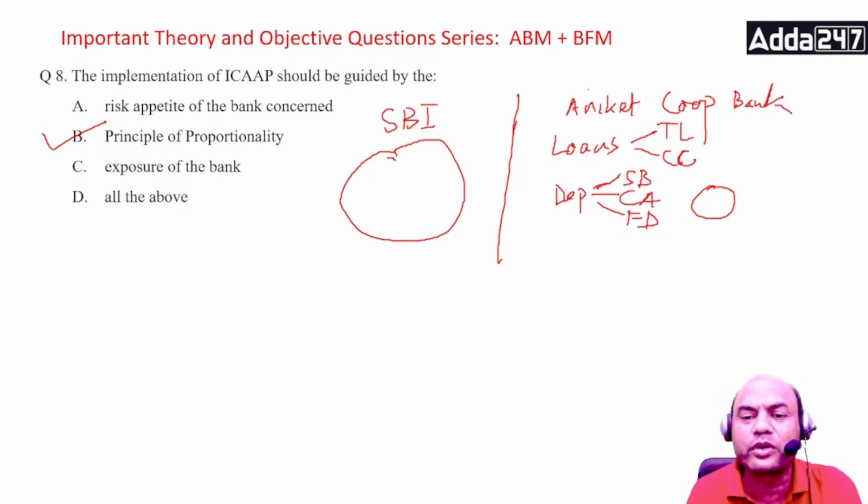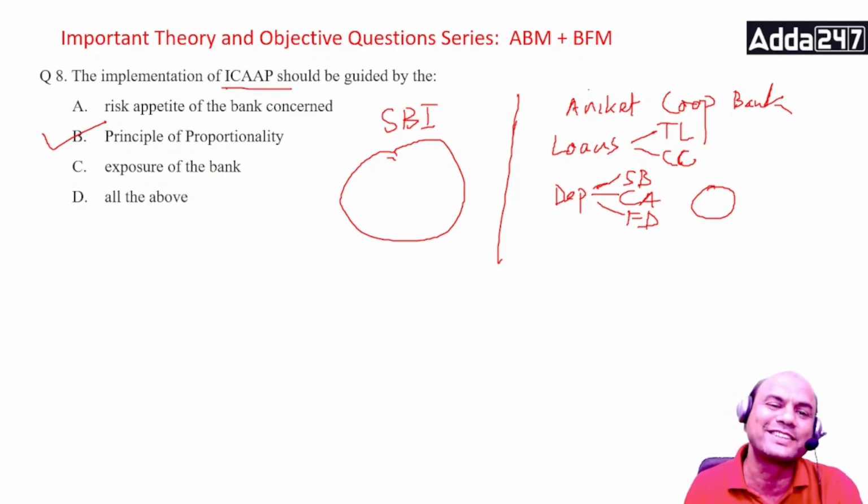Look at the structure and overall functioning of this bank and of that bank. This is called proportionality. The bigger the bank, the more complex the problems and the products, and accordingly we have to change the ICAAP also. The same ICAAP document for Aniket Cooperative and for SBI? SBI will laugh at it. It will say, what is this?